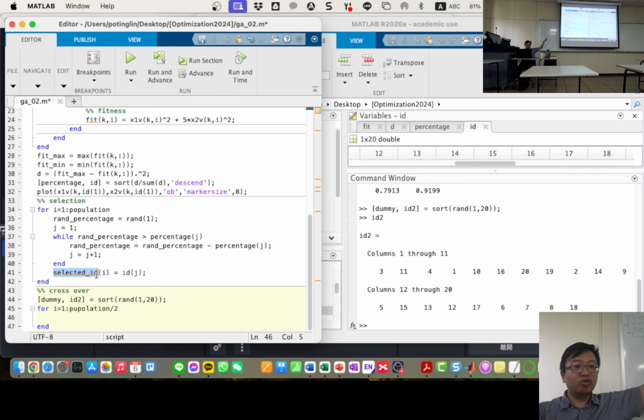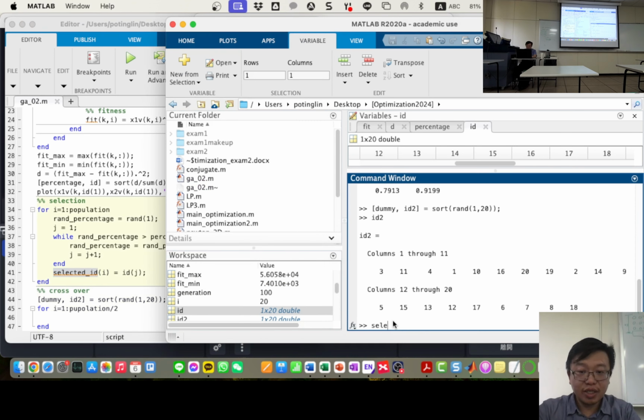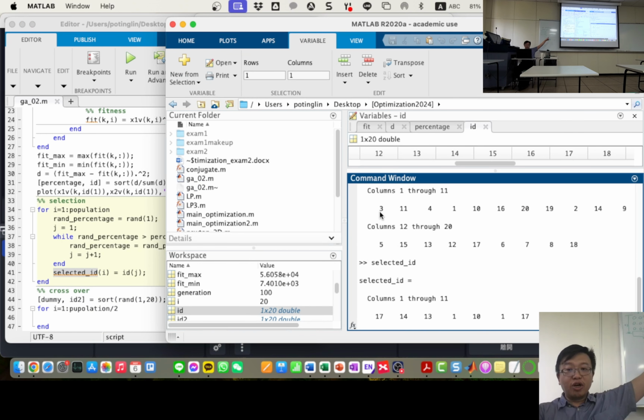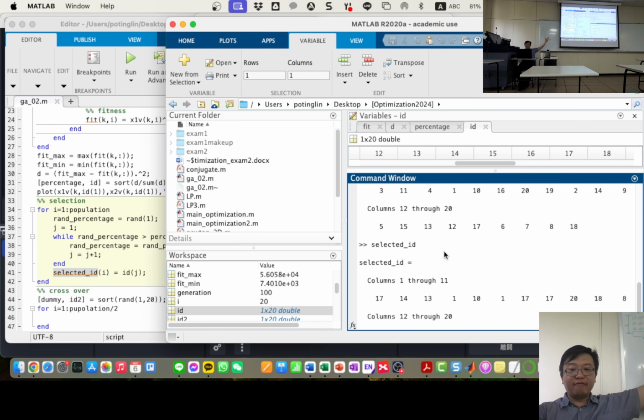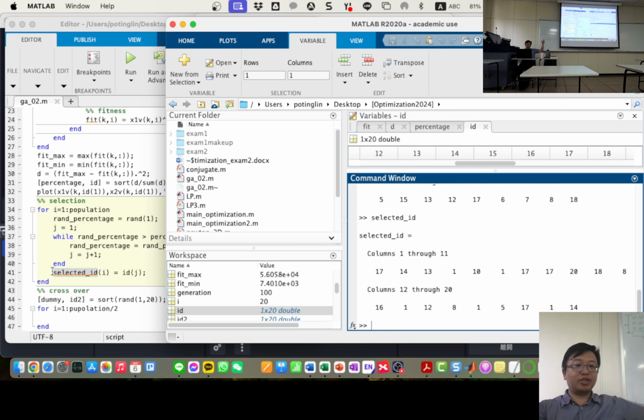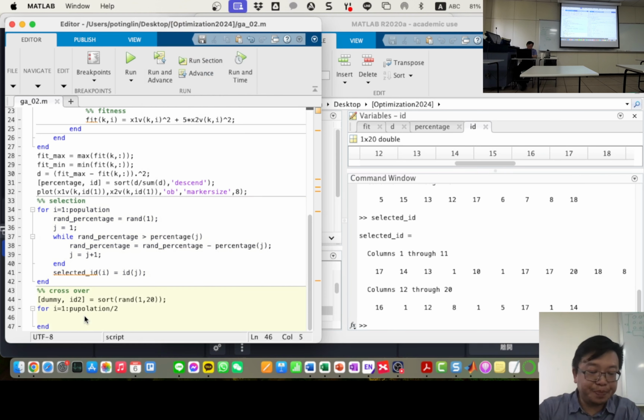So I need to know I have a list of selected ID. Then I need to know third one and 11th one represent which one. So the third one is 13, and then 11th one will be somewhere here.